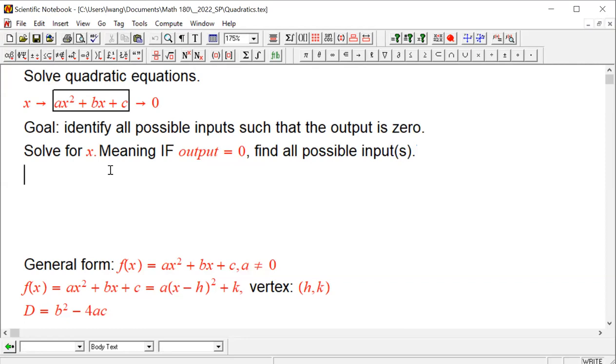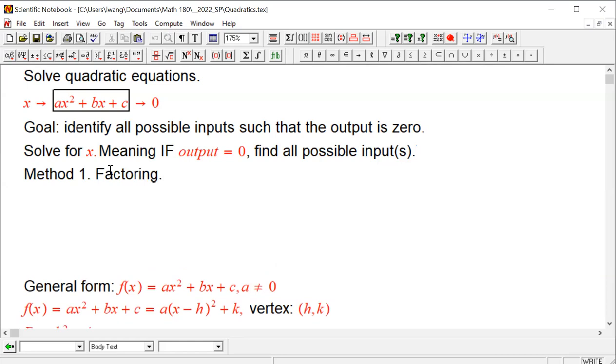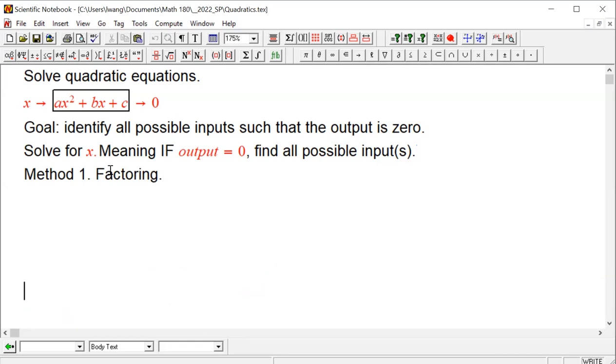The first method is factoring. The method of factoring is probably something you have learned. So let's look at some examples. Example number 1, solve for x, that's a typical wording.